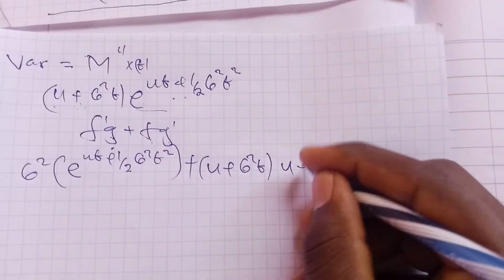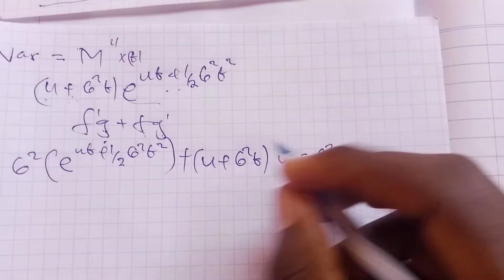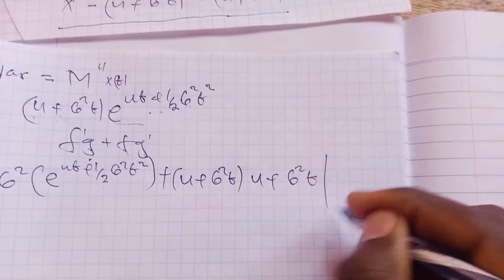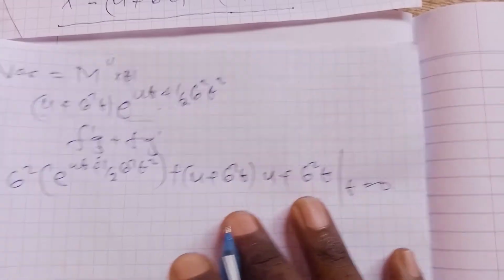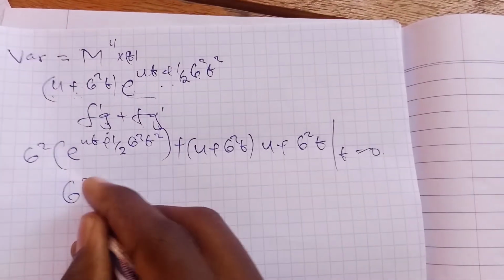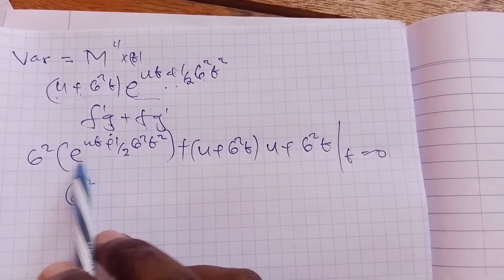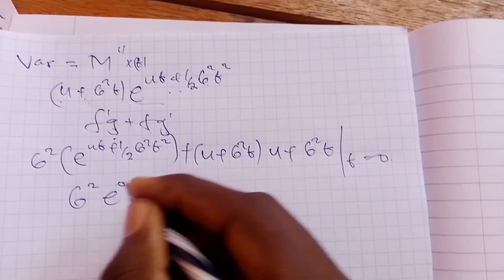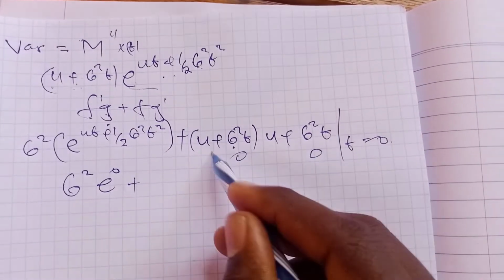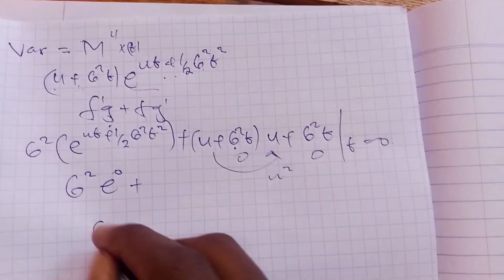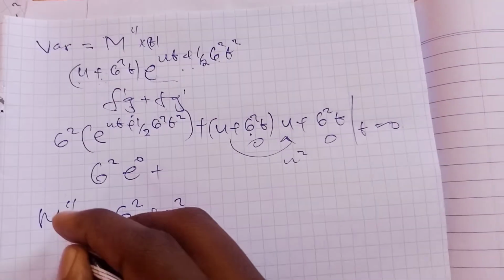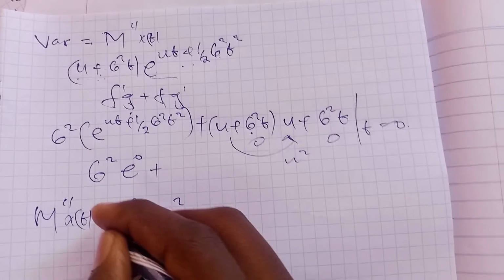I'm going to get u plus sigma squared t. Then I'm going to replace t with 0. When you replace t with 0, we are left with sigma squared, because the exponential of 0 is 1, plus this one will be 0, this one will be 0, so we will be left with u squared. So it will be sigma squared plus u squared. This is the second derivative of the MGF.